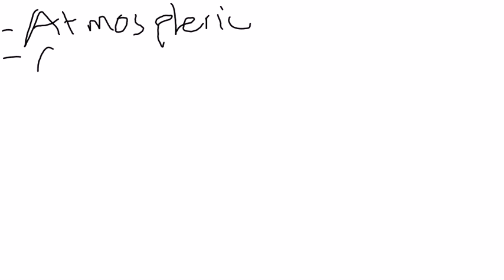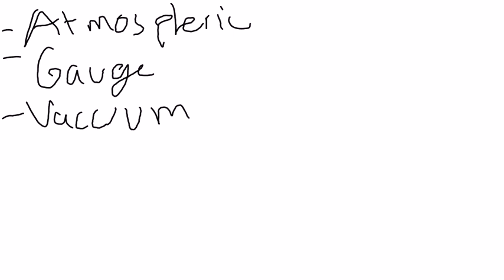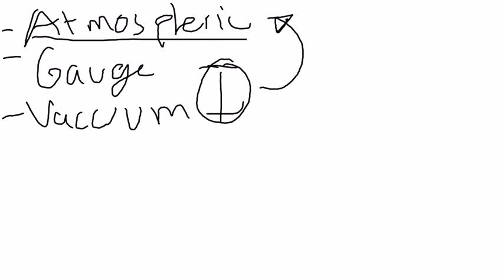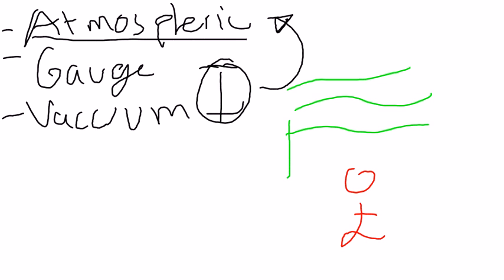So, if it's so common, then why do we need the atmospheric or barometric pressure, and why do we need the gauge or the vacuum pressure? Well, basically the gauge and the vacuum pressure are relative pressures. They are defined depending on the atmospheric pressure. Let's talk first about the atmospheric pressure. There's a big mass of air in the atmosphere, and it exerts a pressure on us, which is called the atmospheric pressure.